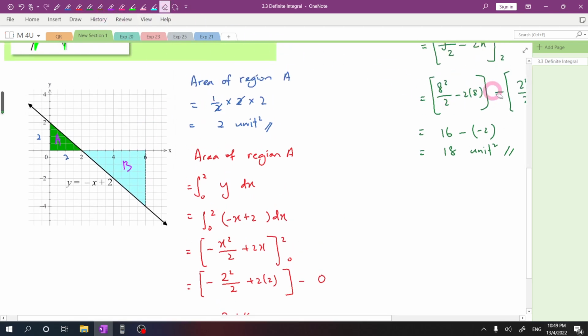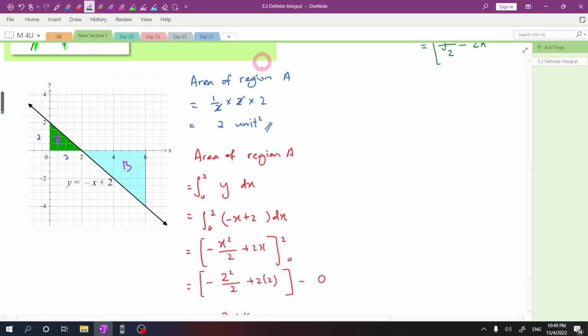Let me use the simple triangle formula first to find the area of region B. One over 2 times 4 times another 4.